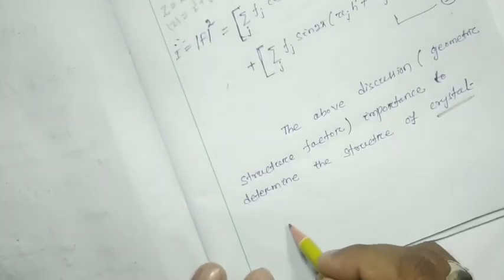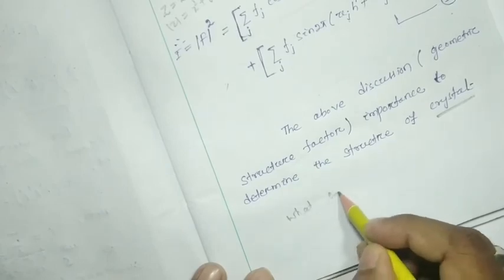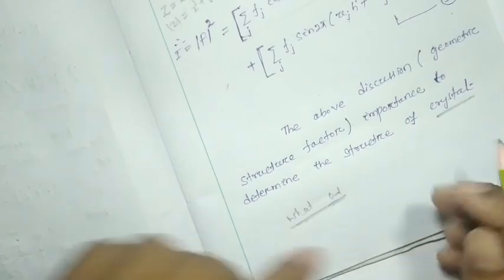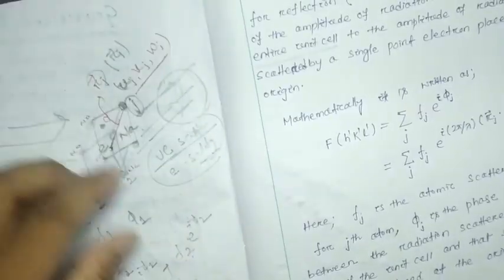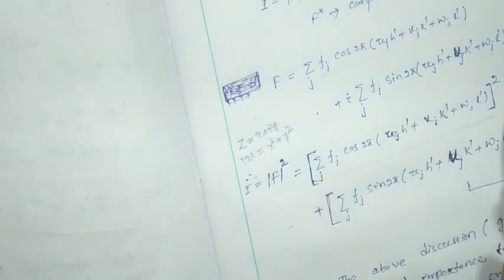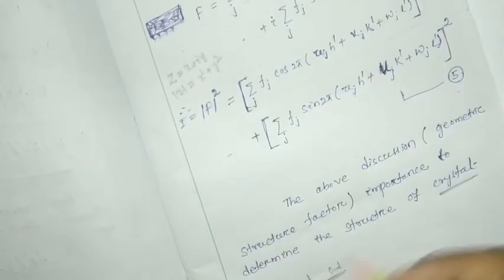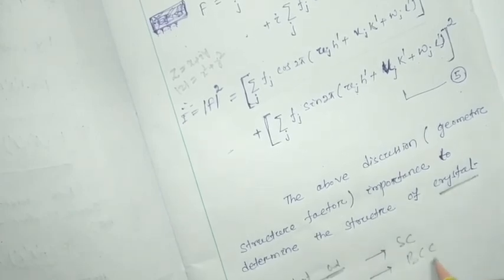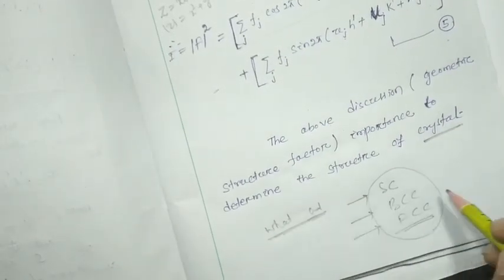In our next class, we will discuss the conditions for the unit cell from which the intensity is found. From this general expression of the intensity, we can determine whether it is simple cubic, body centered cubic, or face centered cubic. We will discuss these in detail in our next class.